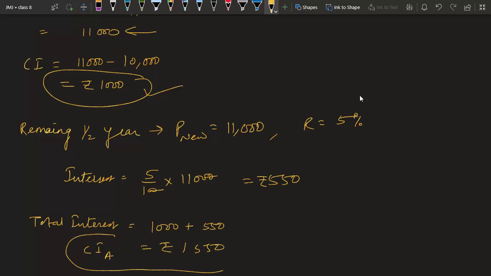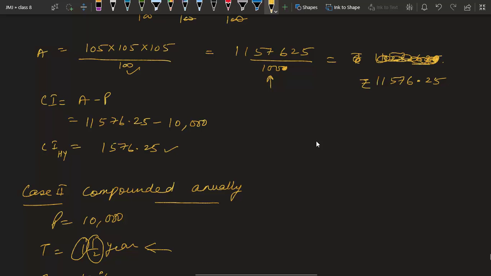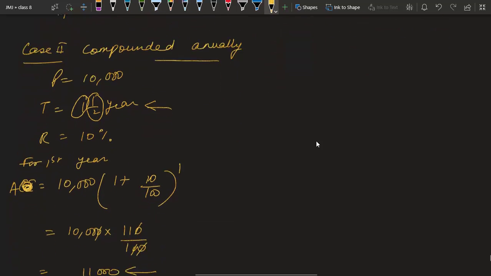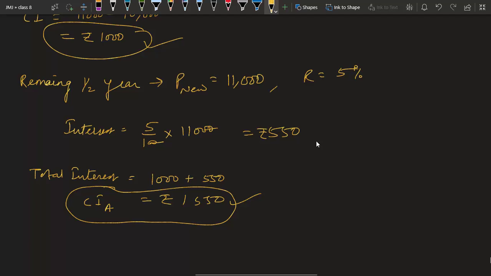This was annually, we have got interest of 1550, and in the case of half yearly, we got the interest as 1576.25. Obviously, in half yearly we have got more interest, so we will say interest would be more if it is compounded half yearly.